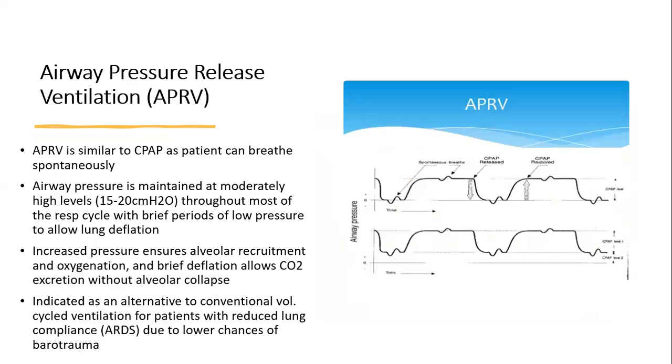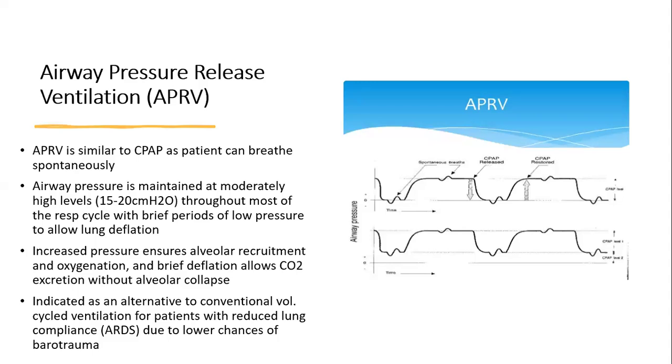Airway pressure release ventilation. This is similar to your CPAP. Airway pressure is maintained at moderately high levels throughout most of the respiratory cycle, but there are brief periods where the pressure is reduced to allow for adequate lung deflation. The airway pressure initially is high, but the ventilator allows for brief periods of low pressure to allow for lung deflation.